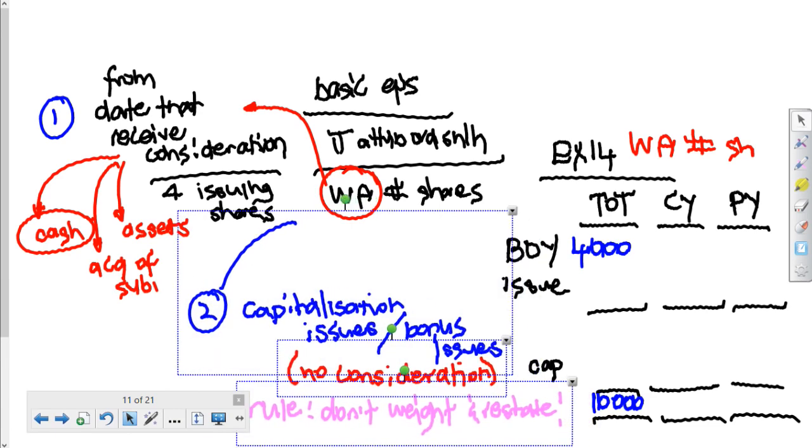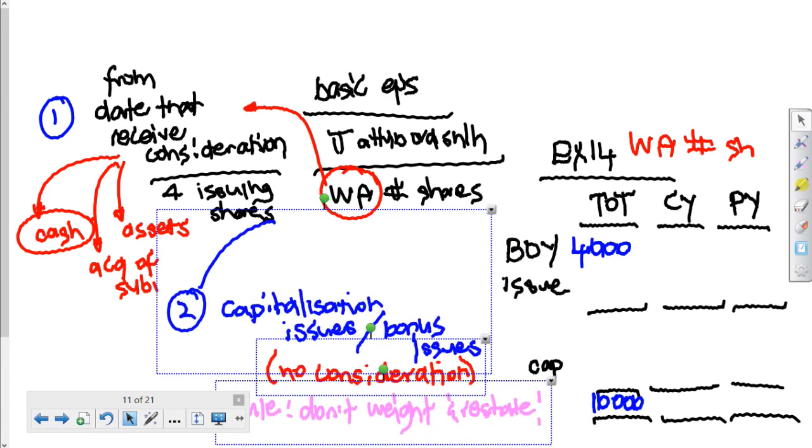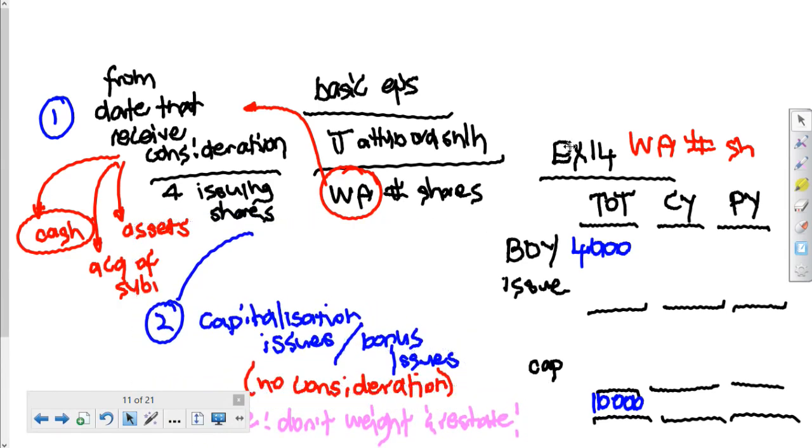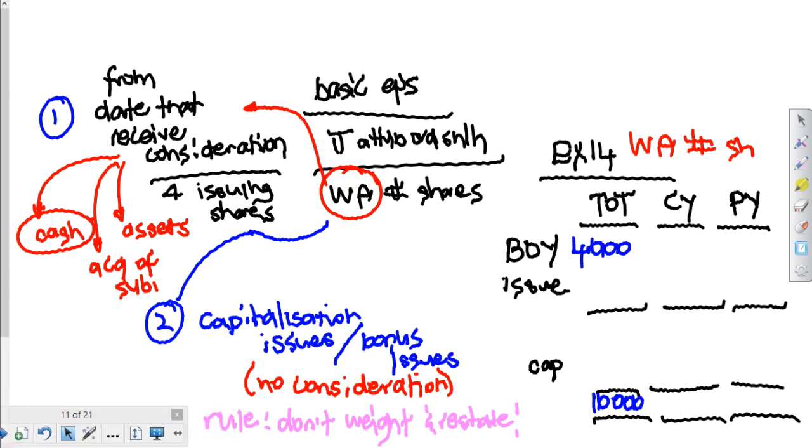A normal issue of 1, I land on 5. A 1 for 1 over here is another 5, and I land on 10.